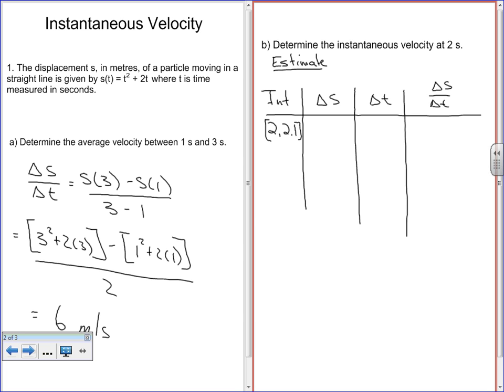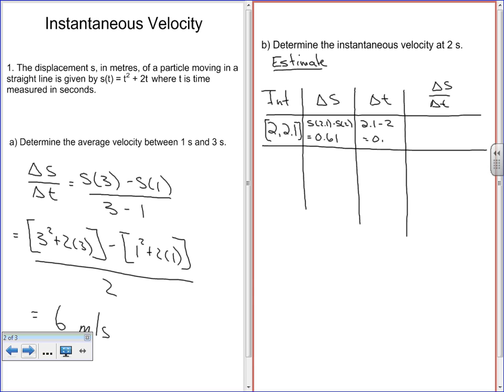Okay, so again, I can't figure out exactly at 2, so I need to have another time interval. So I choose 2.1. Now I figure out the change in the displacement, just like I did before, substituting these values in. And if you do that, you'll get 0.61. The change in the time would be 2.1 minus, excuse me, minus 2, sorry.